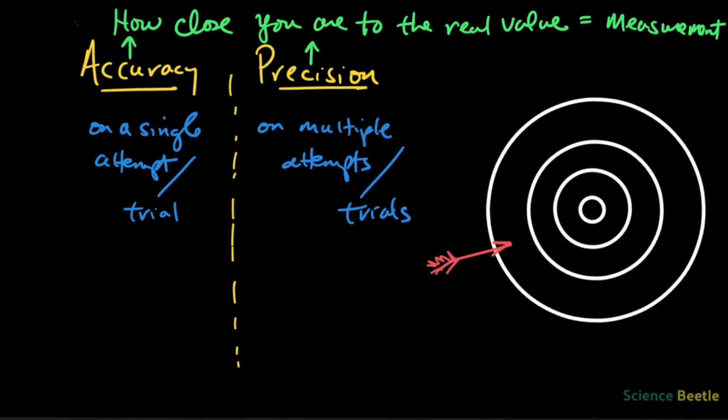Now, if I shoot the dart, and let's say that the dart lands there, then we can look at the distance from the center to the tip where this arrow hit. That's going to have a very specific distance.